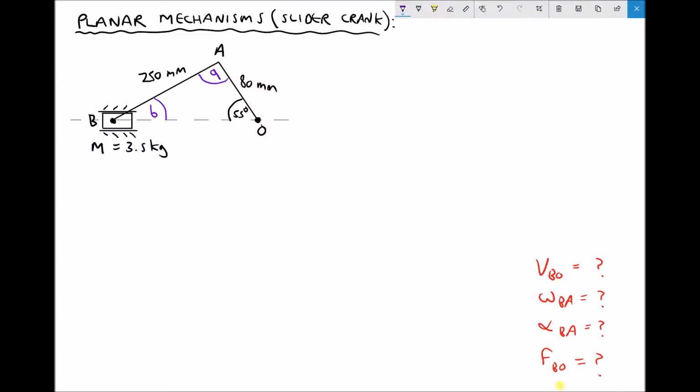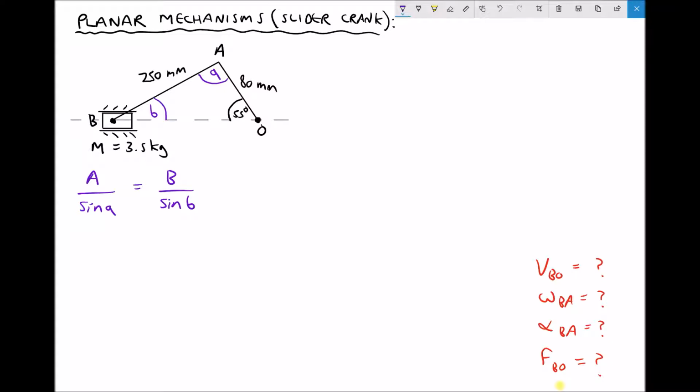Now the general form of the sine rule states that a over sine a equals b over sine b. And this applies to any triangle. It doesn't need to be a right angle triangle. We do have earlier tutorials on the sine rule, if that's not something that you're familiar with, but we're going to be applying it here to our geometry.